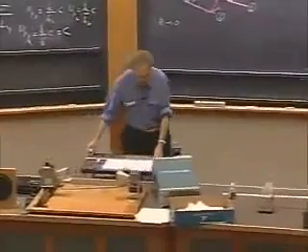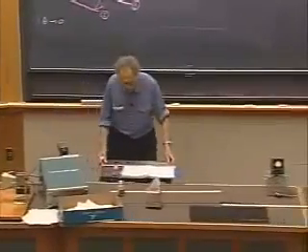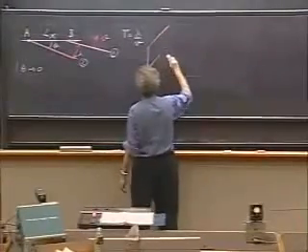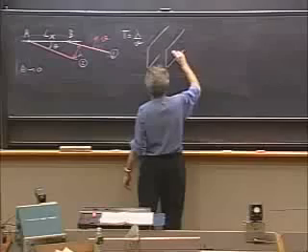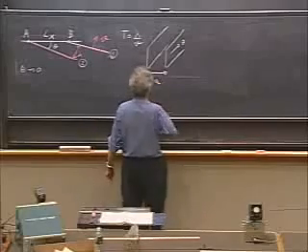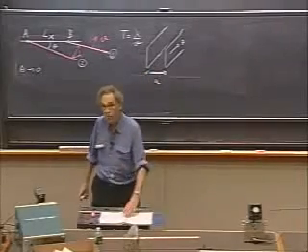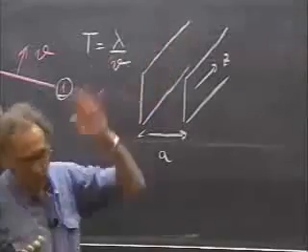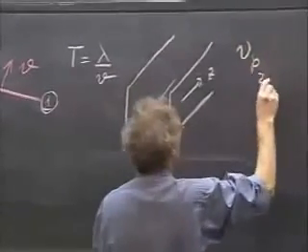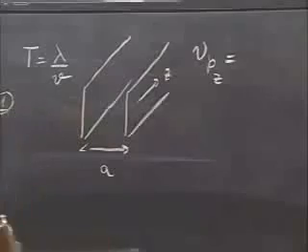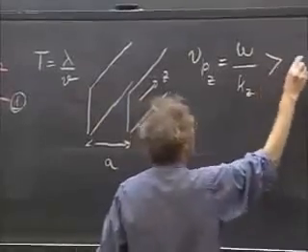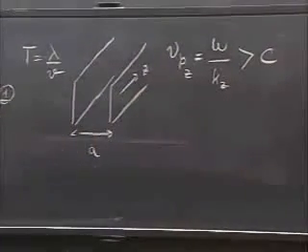And the reason why they couldn't sleep is that we had this wonderful demonstration whereby I had here an aluminum plate, and I had another aluminum plate, and this was the z direction, and the separation between the plates was A, and we had electromagnetic radiation going in that direction, and we concluded, I will not go over the reasoning again, that the phase velocity in the z direction was omega divided by k of z, and that was larger than c. That's why you guys couldn't sleep.